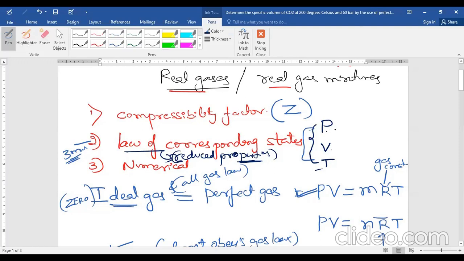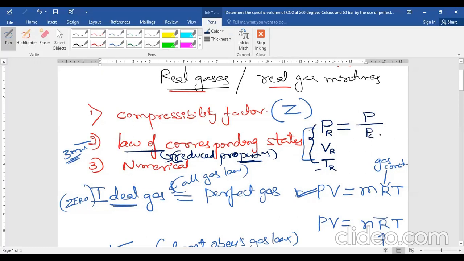So reduced pressure, I will write PR. Reduced volume, I will write VR. Reduced temperature, I will write TR. So reduced pressure is defined as the ratio of pressure of the gas divided by critical pressure of that gas.